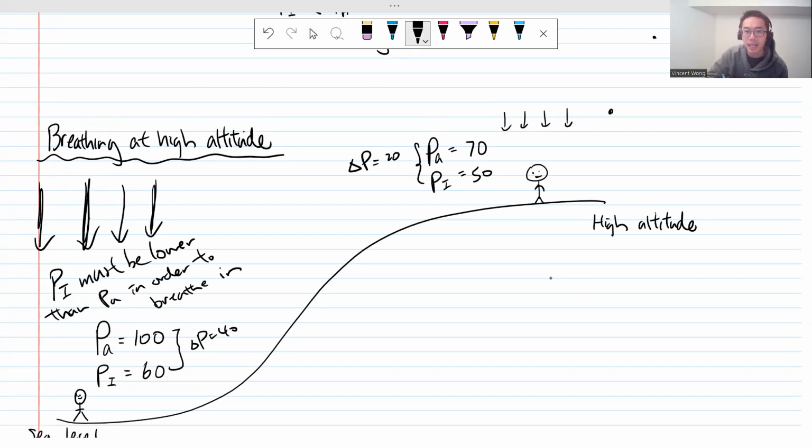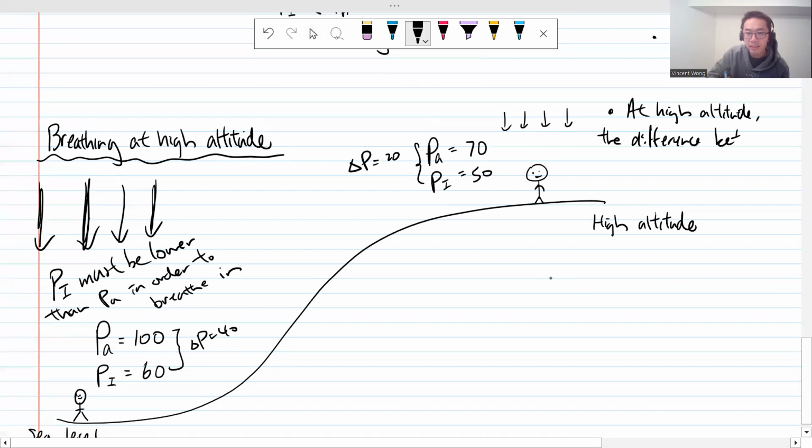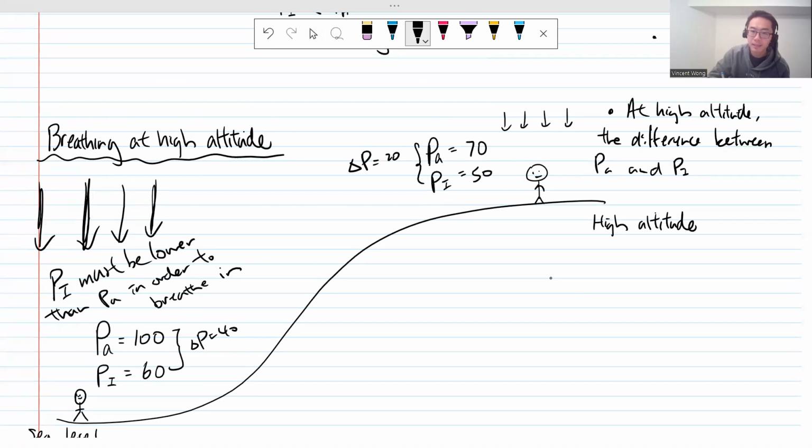But basically, at high altitude, the difference between PA and PI is smaller, right?